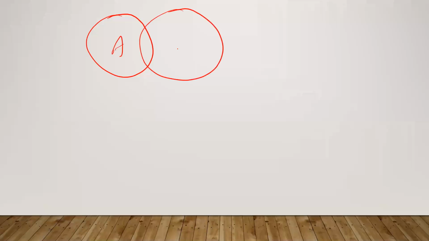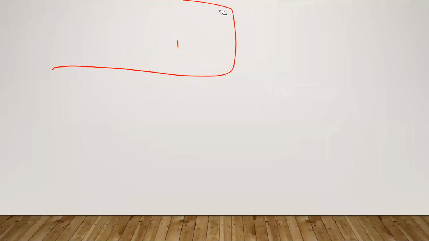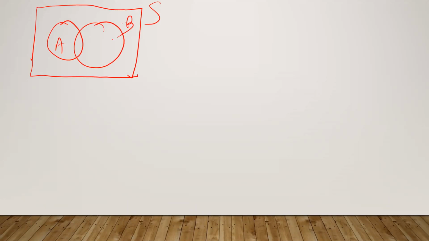You know that, suppose this is my set A or event A, and this is my event B, in the sample space S. Suppose this is my sample space S and there are two events A and B in this sample space S. This is B.